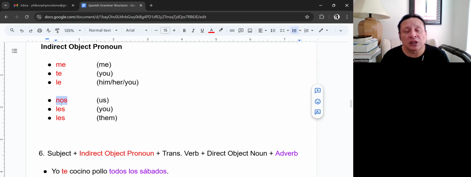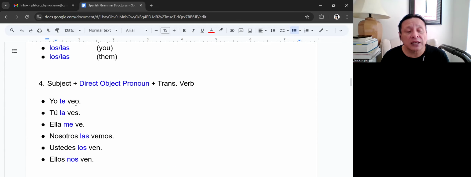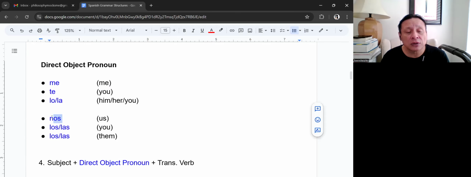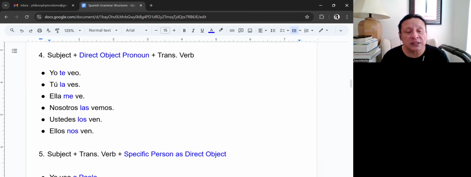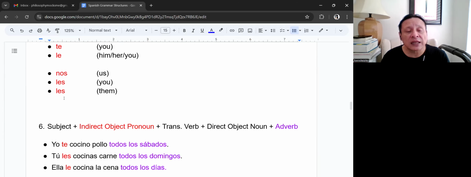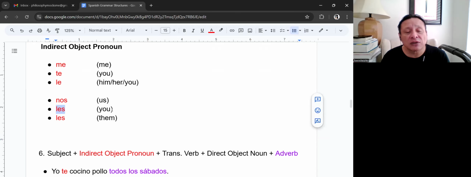So it's the nos part of the nosotros, right? And remember, in the direct object it's also nos, right? So easy, easy. Okay. And then remember for the ustedes, for the you plural, and for the them, we don't have to worry about gender. It's just les. They're both les, right?